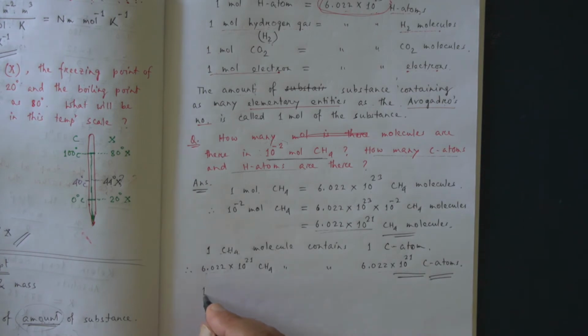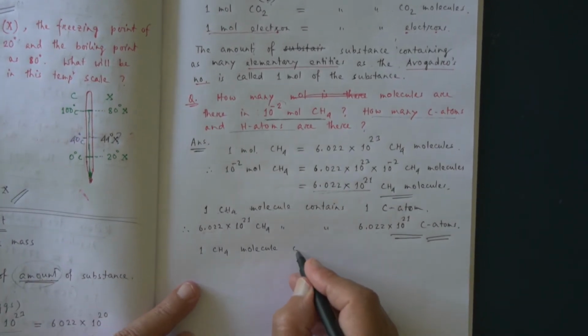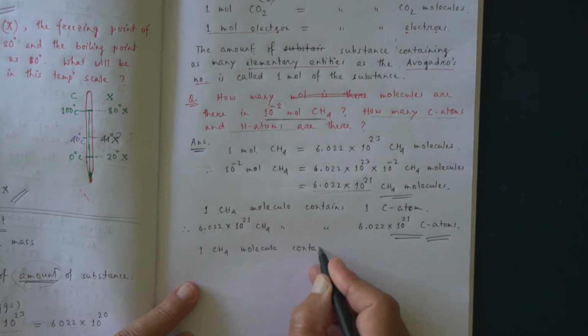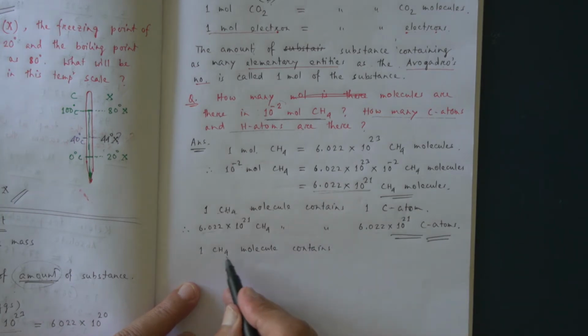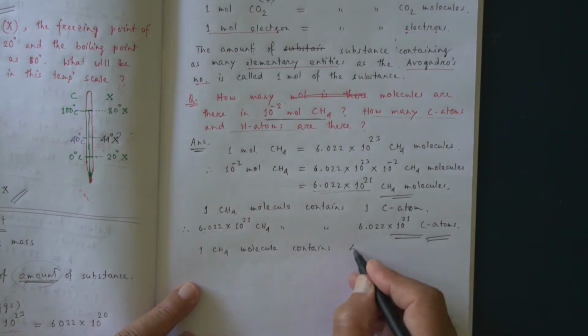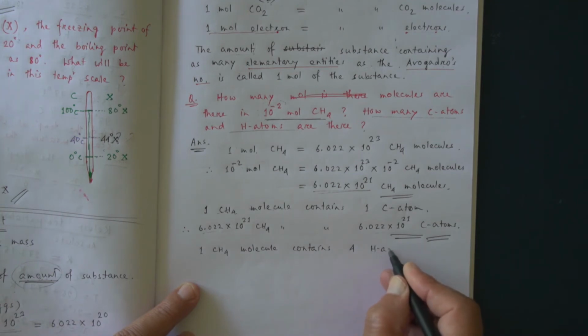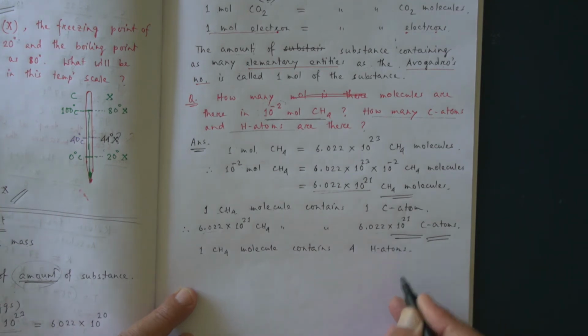Now 1 methane molecule contains 4 hydrogen atoms, CH4, 4 hydrogen atoms.